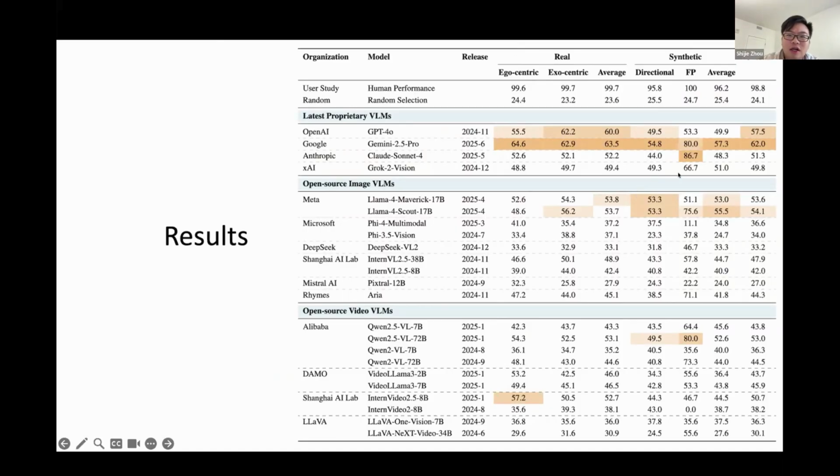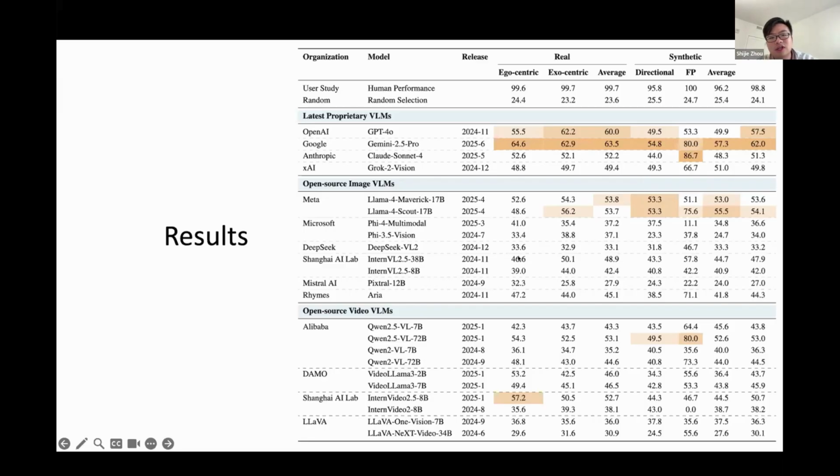However, we find that even the very advanced multimodal LLM models recently, the best one being the Gemini 2.5 Pro model, can only achieve 62% accuracy on this benchmark.